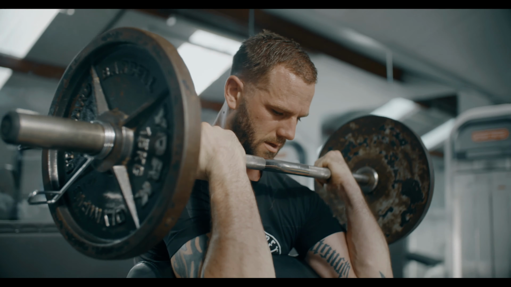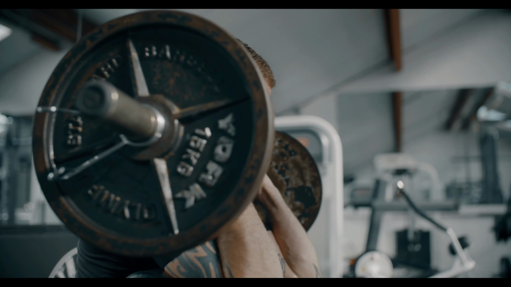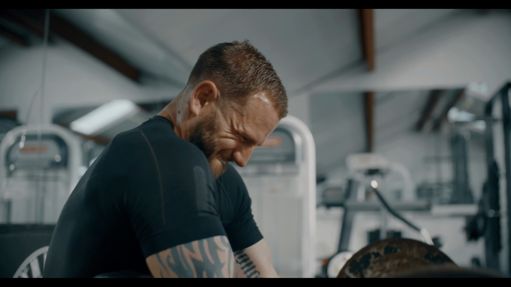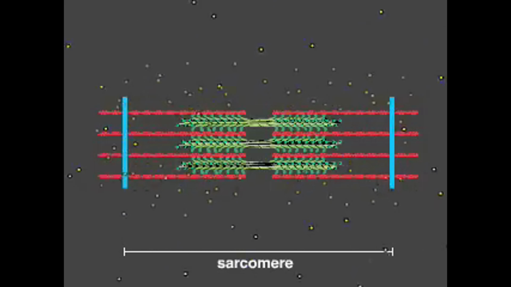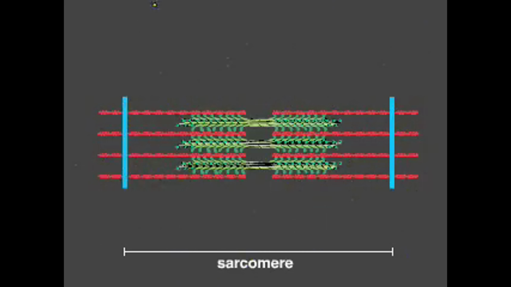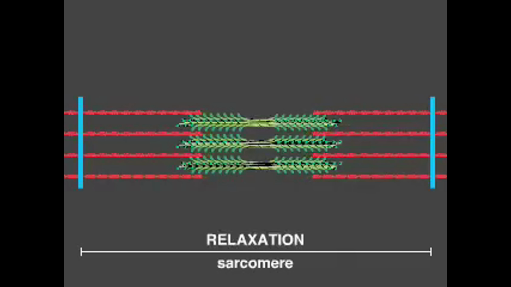That will produce a force that will pull the tendon, and the same tendon will pull the bone and the bone will perform movement. Remember also that this will only last as long as calcium is present in the muscle cell. When it returns to the sarcoplasmic reticulum, contraction will end.